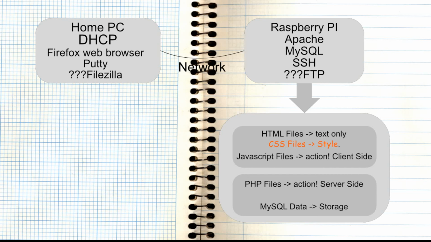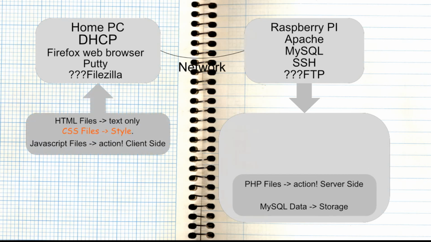Now the difference between server side and client side is your Raspberry Pi is the server and the home PC is the client side. When you are on your home computer and you type in a website, or for our examples you're going to use an IP address, and then a backslash and then a file name, it's going to go over to the Raspberry Pi.